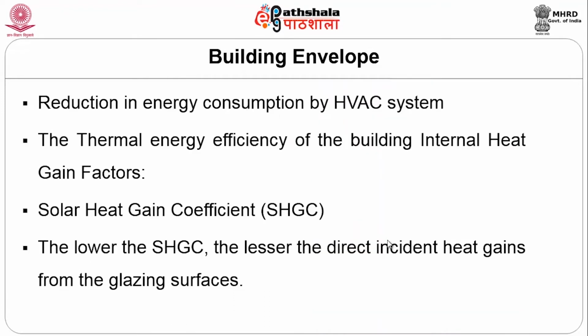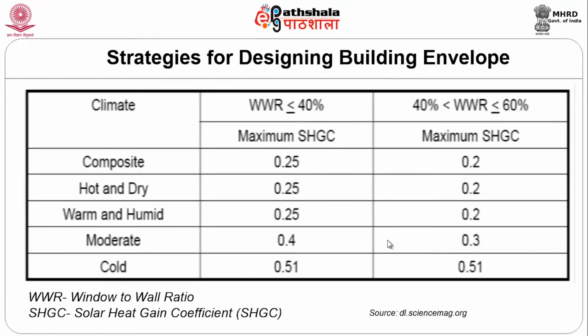If you look at the building envelope, the building envelope basically decides the consumption of energy by the HVAC system, let it be because of excessive heating required or cooling required. So, reduction in energy consumption by the HVAC system, the thermal energy efficiency of the building, internal heat gain factors, you have a solar heat gain coefficient or SHGC. The lower the SHGC, the lesser the direct incident heat gains from the glazing surfaces.